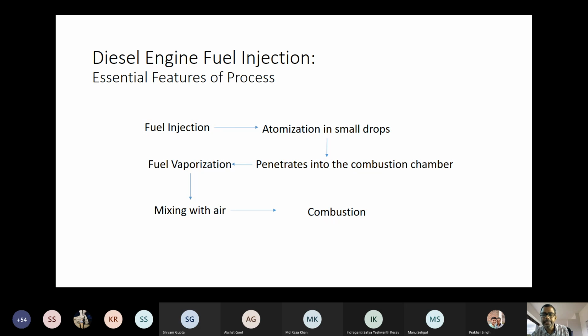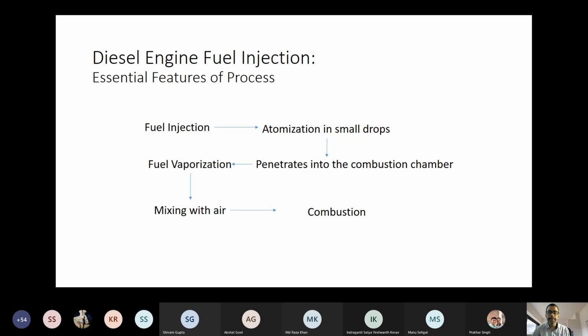When you are designing a diesel engine, one of the most important objectives is how to improve the homogeneity of the air-fuel mixture so that the combustion can be smooth and the emissions can be reduced as much as possible.